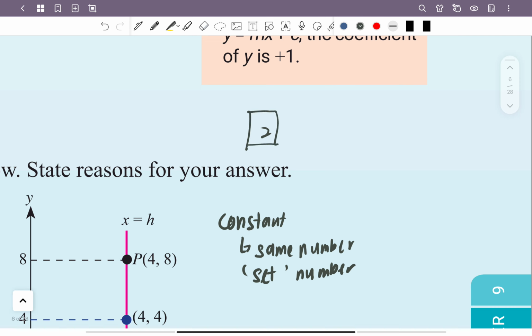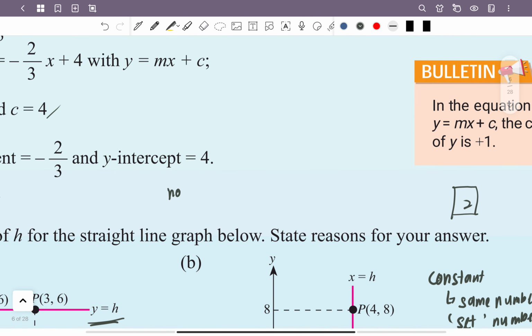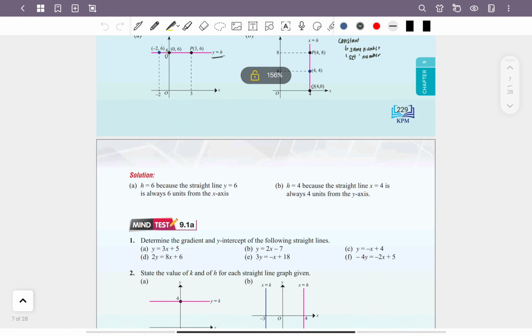So this value is a constant, because it never changes. So whenever people ask what Ryan's daily allowance is, automatically you know it equals 2, because it's a constant, and your mother constantly gives you 2 ringgit every day, until you die. So it's a constant. That's the meaning of constant.